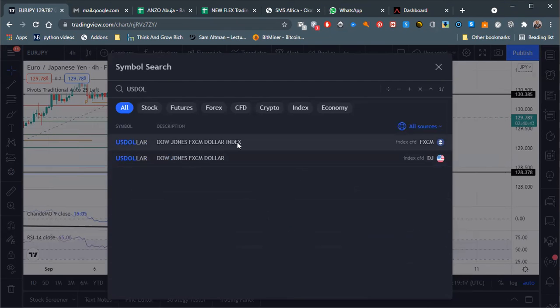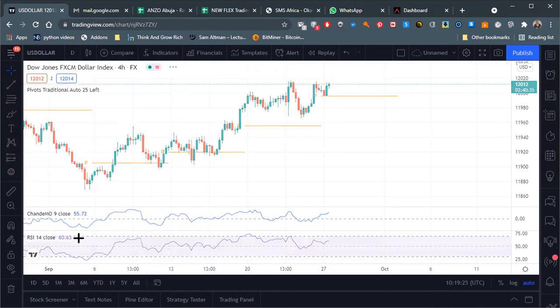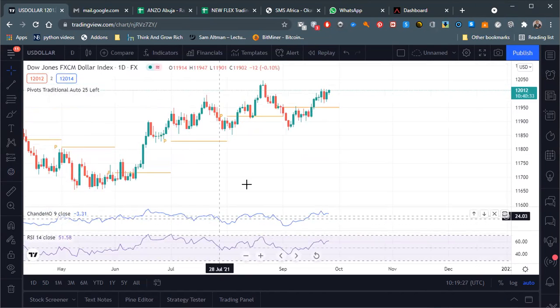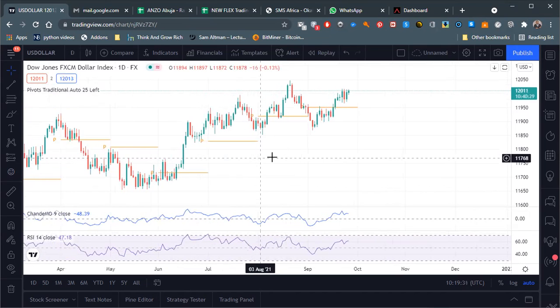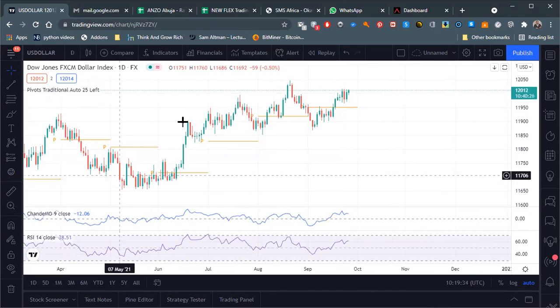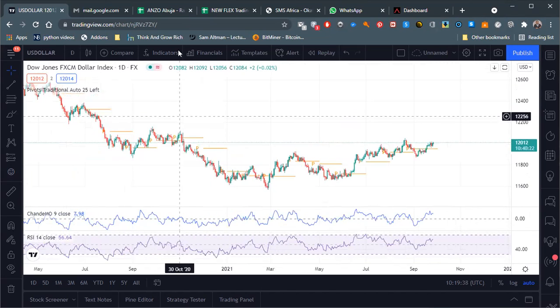So I like to use the dollar index as a base to see what to expect from the dollar. This is the 4-hour chart, and I'm going up to the daily chart. You could see that we have a steady strength in the dollar, relatively, over the past few weeks. Before that we had a weakened dollar, where the dollar had been crumbling.